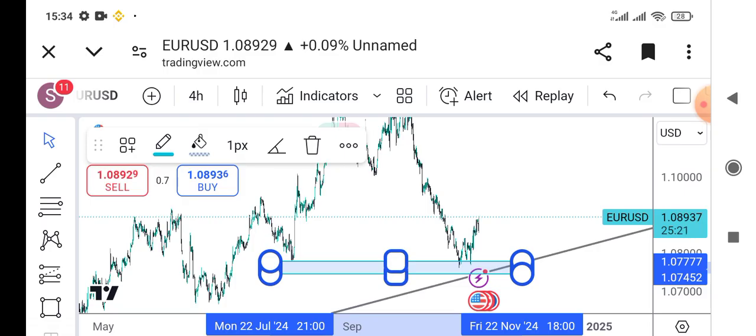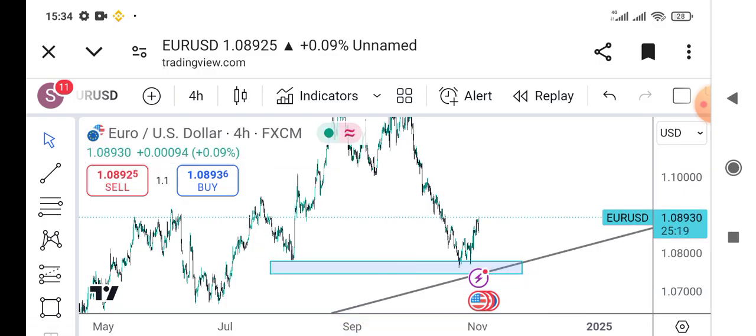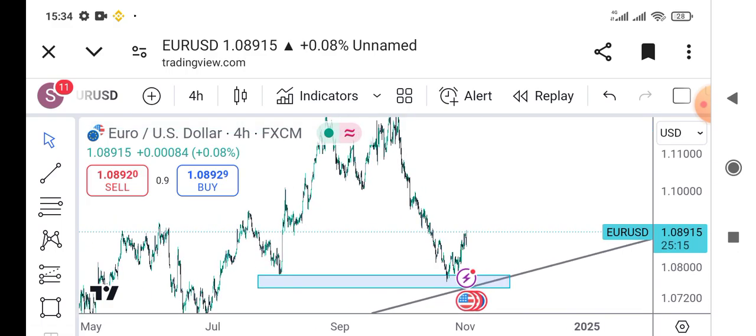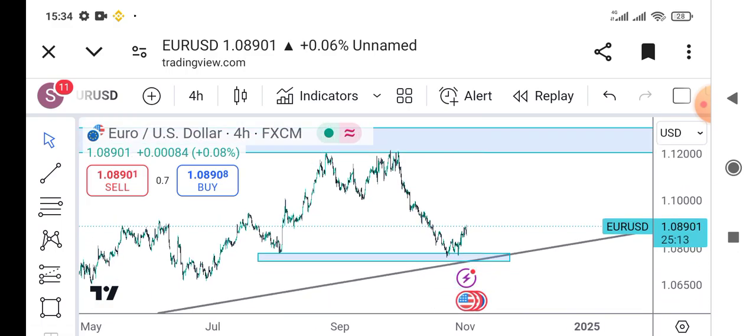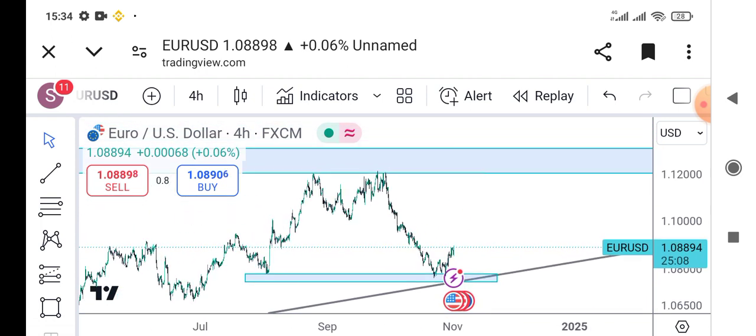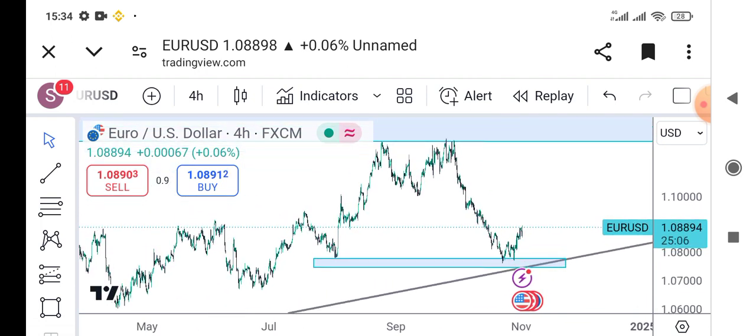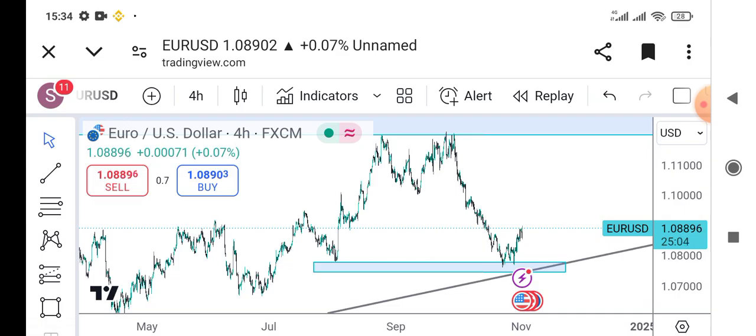That is a very small resistance within that section. So now we can clearly see our market. It came, it bounced.